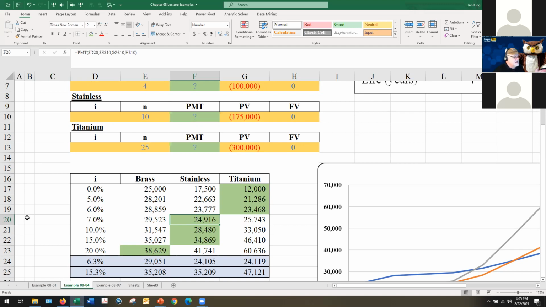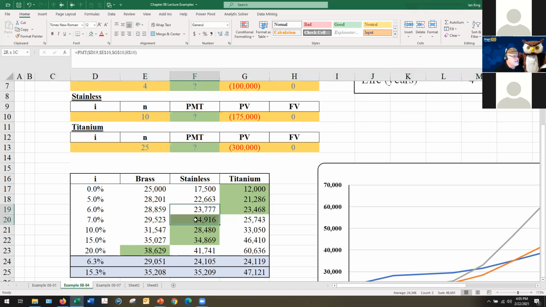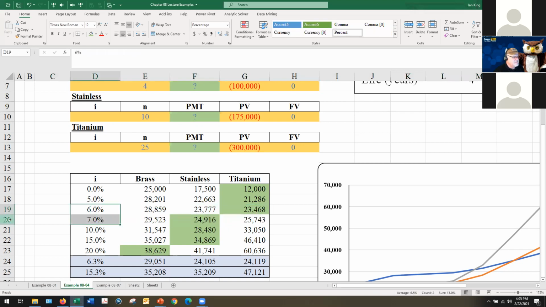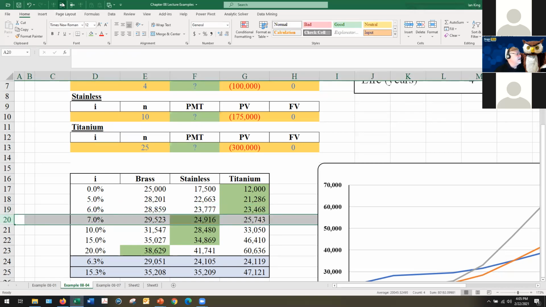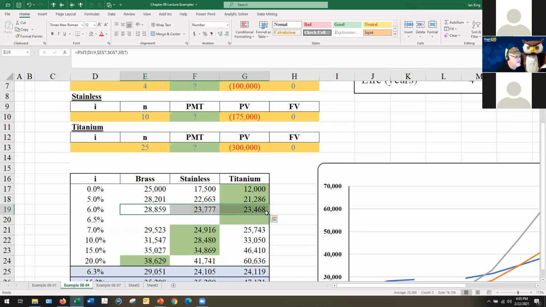Okay, all right. Well, what I did here is say, we know that somewhere between 6 and 7%, it became less costly to use stainless instead of titanium. Do I know the exact figure from here? No, but it's somewhere between 6 and 7%. If you really want to get more precise, you can say, okay, let's make this 6.5, then copy these down.